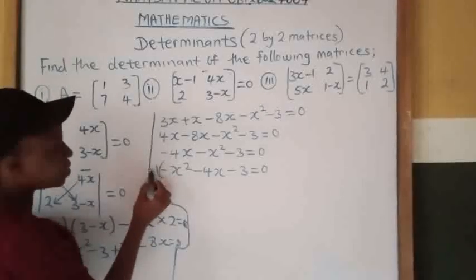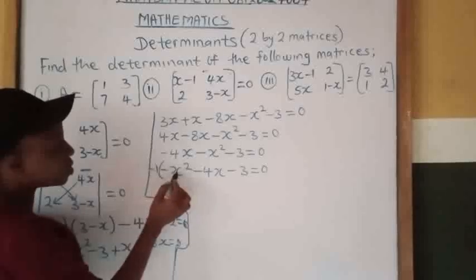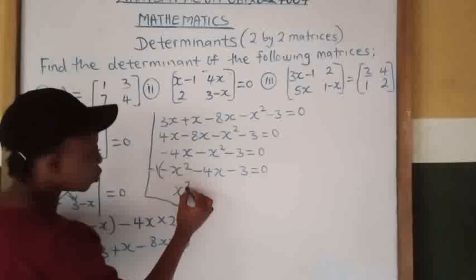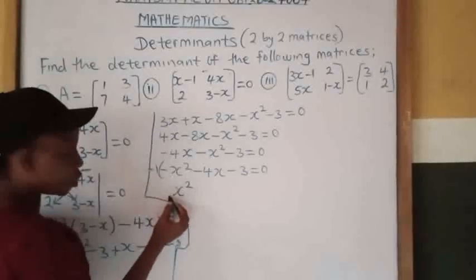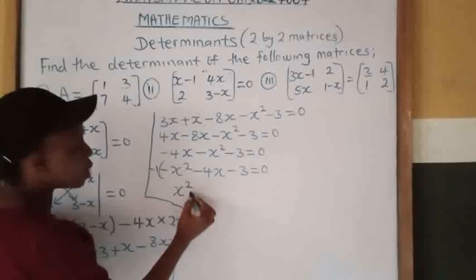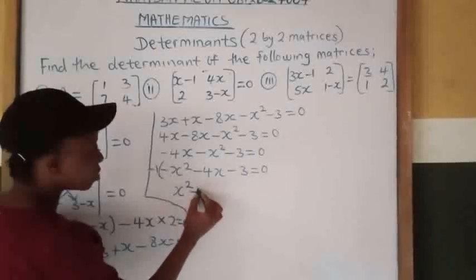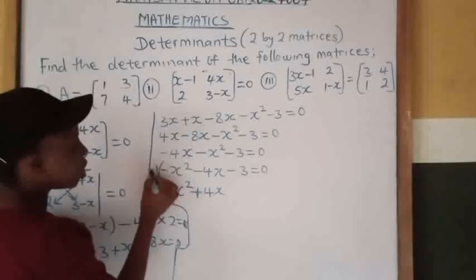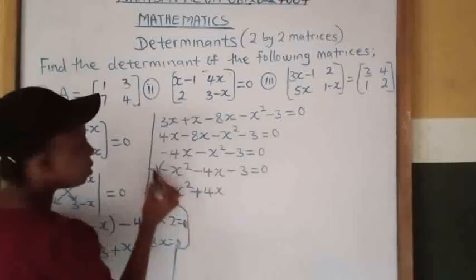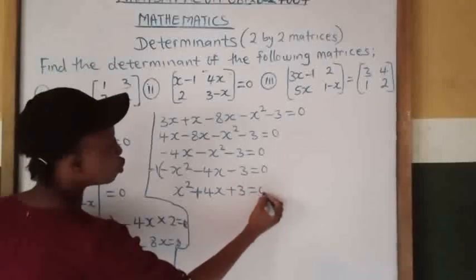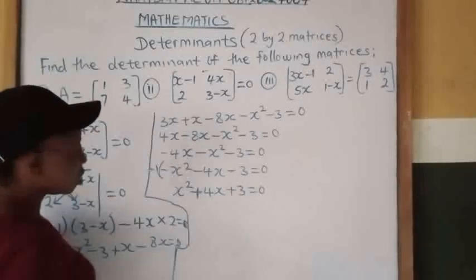Minus 1 times minus x raised to power 2 will give us x raised to power 2, minus times minus will give us plus. Minus times minus here will give us plus, 1 times 4x will give us 4x. Minus 1 times minus 3 will give us plus 3, equal to 0.